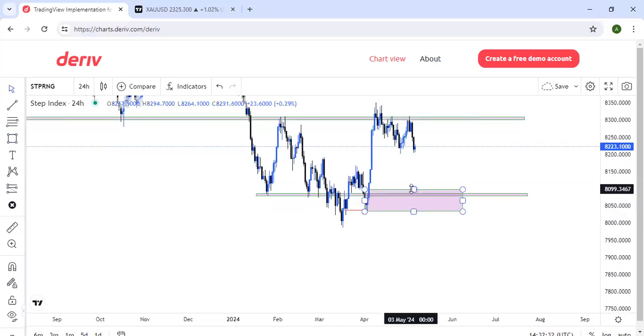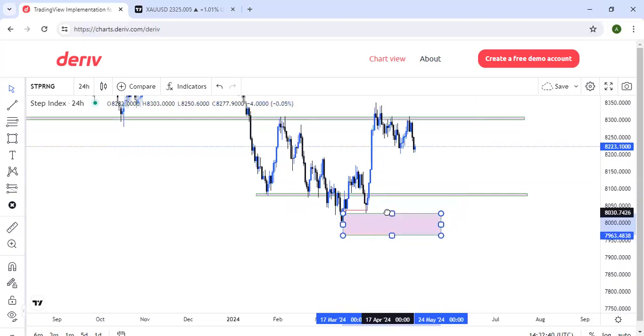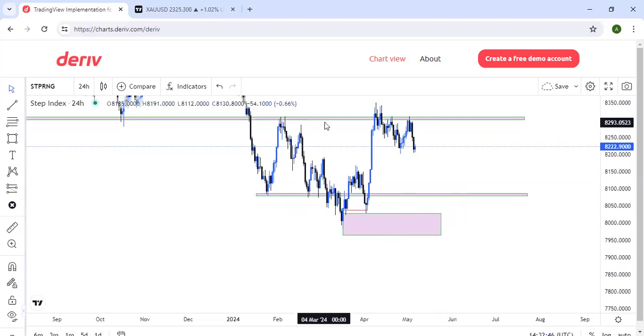But if I want to trade based on this time frame, my zone would have been below here. But because of these two zones I have here, this is the supply zone, this is the demand zone, I'm anticipating that price comes into this zone and then starts pushing up.